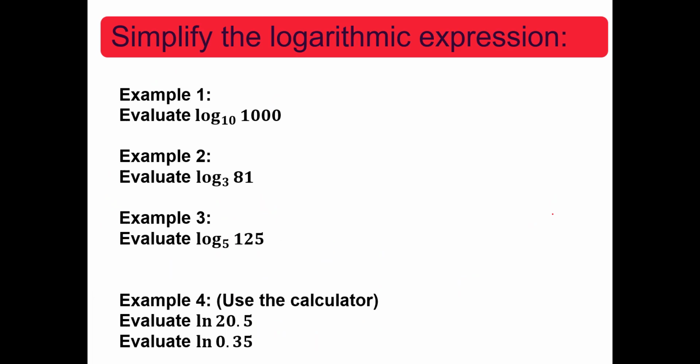And now let's work out how to simplify these concrete numbers. Log base 10 of 1,000: we know that is 10 times 10 times 10, which is 10 to the third.